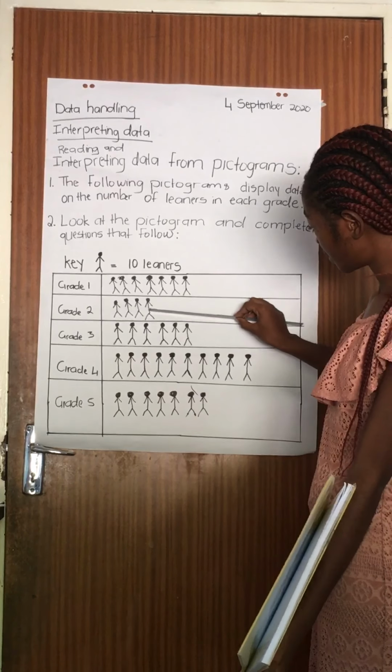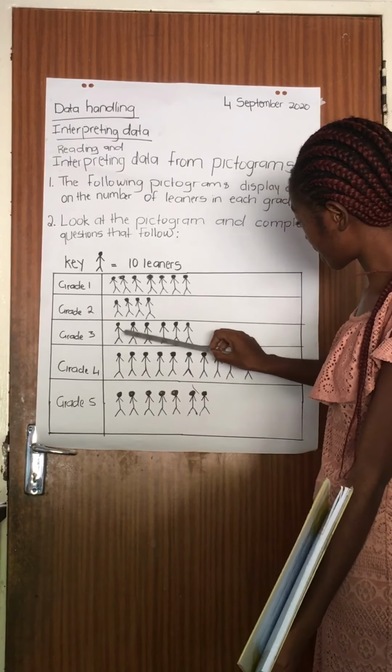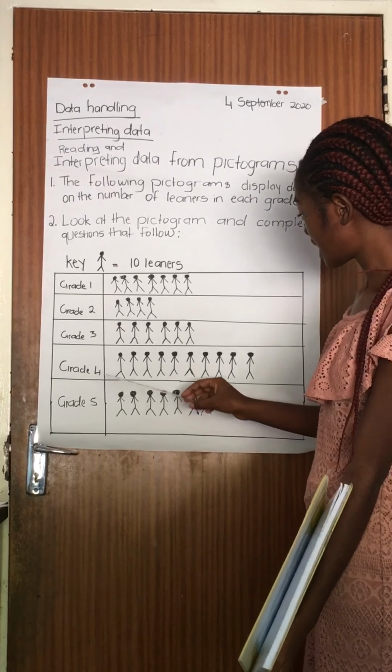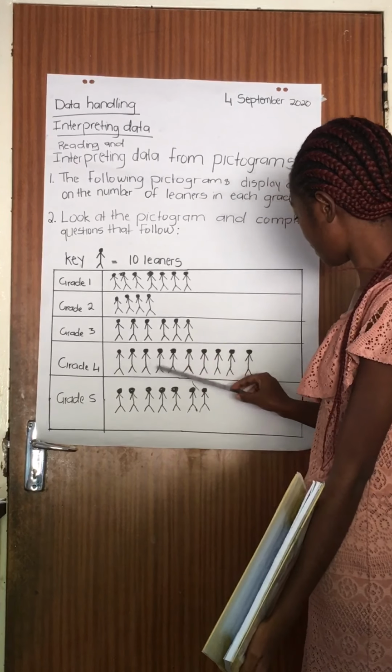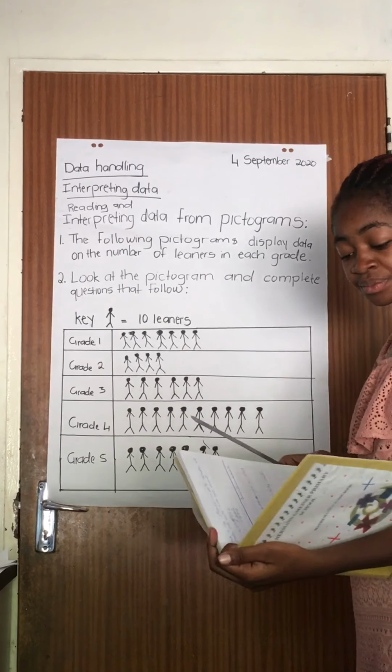Grade 2, no, it doesn't have 7. Grade 3 has 1, 2, 3, 4, 5, 6. Grade 4 has 1, 2, 3, 4, 5, 6, 7, 8, 9, 10. Grade 5 has 1, 2, 3, 4, 5, 6, 7. So we conclude that grade 1 has the same number of learners as grade 5.